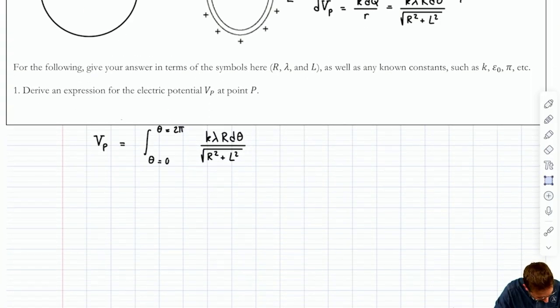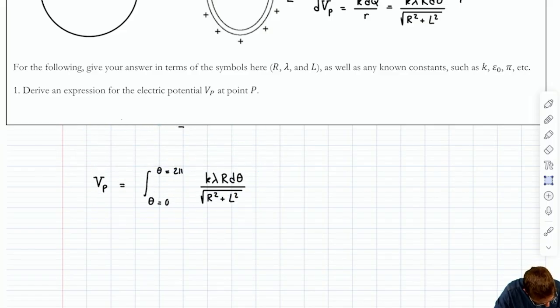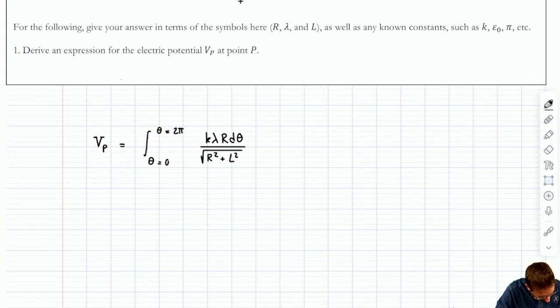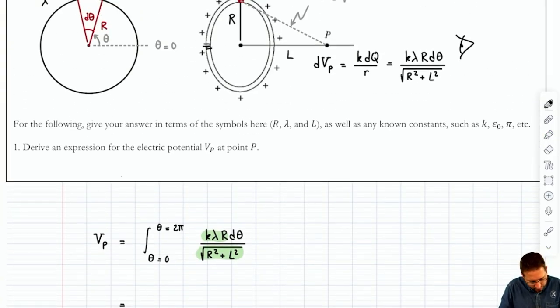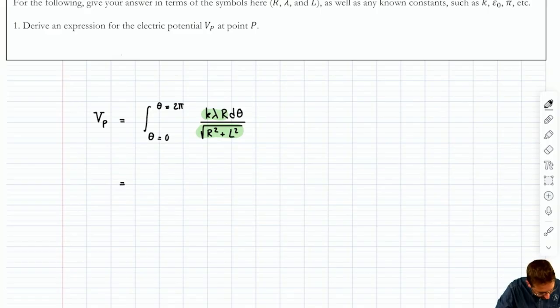And this is actually an incredibly easy integral to compute because everything is constant. k and lambda are constant, r is constant. This is constant as I go around the ring. It's not a function of theta. Any point on the ring, doesn't matter which one I take, is going to be a distance little r from point P.